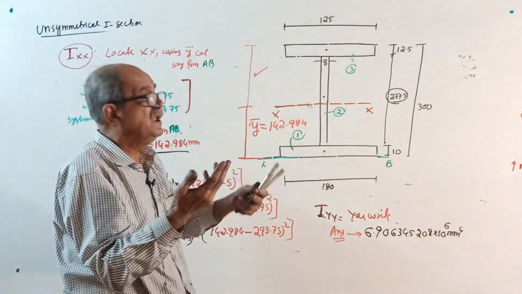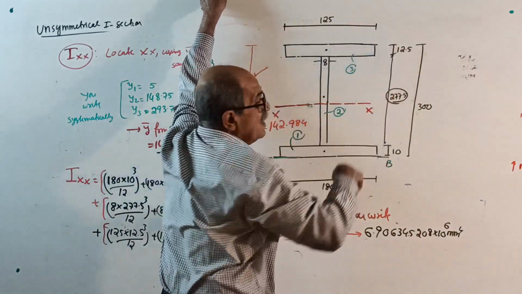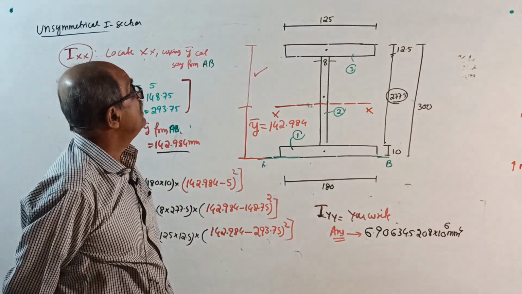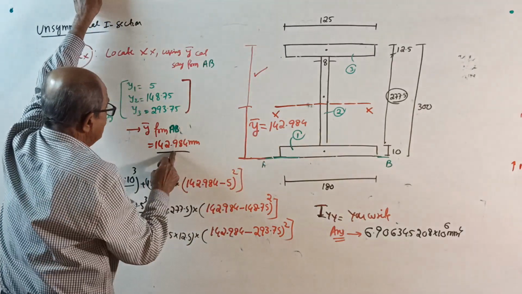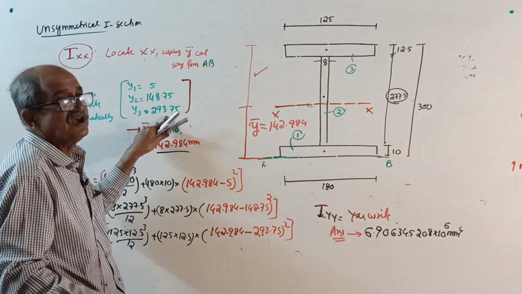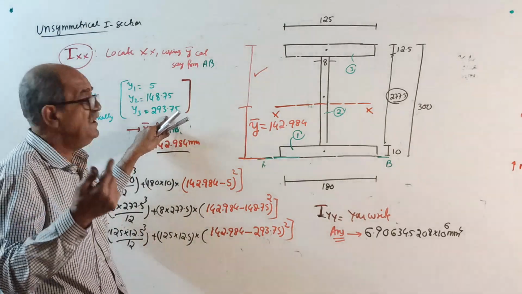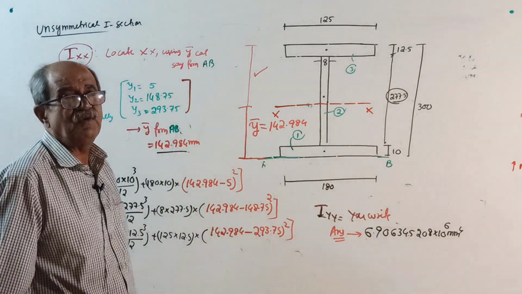See, no thinking required. Lastly, 125 into 12.5 cube by 12 plus 125 into 12.5 area into 142.98 for y bar minus 293.75. Actually it is 293.75 minus, but okay, negative square is there. So 142.984 minus 293.75 square.